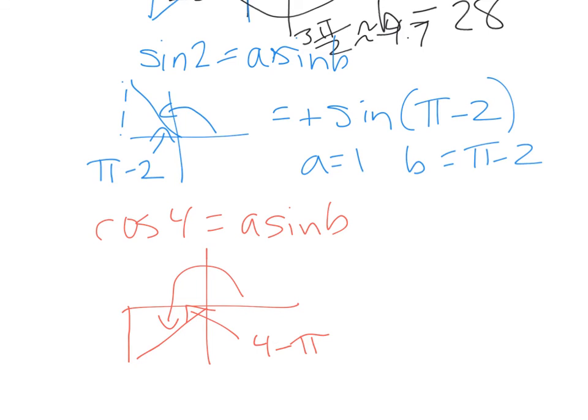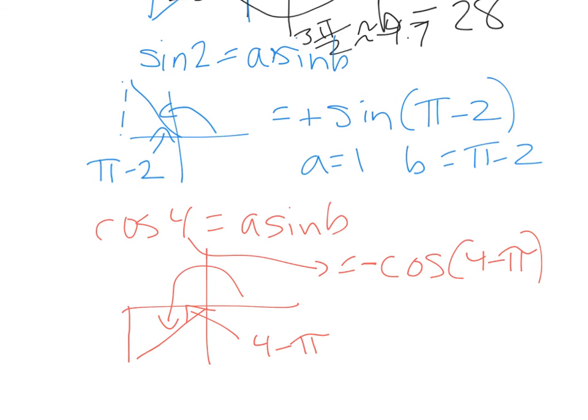Remember, we have to do this intermediate step because first we have to find it in terms of cosine of acute, then we can deal with changing it to sine. So cosine of 4 is going to be equal to cosine of 4 minus pi. But remember, be careful because cosine of 4 in quadrant 3 would be negative. So I've got to add a negative here.